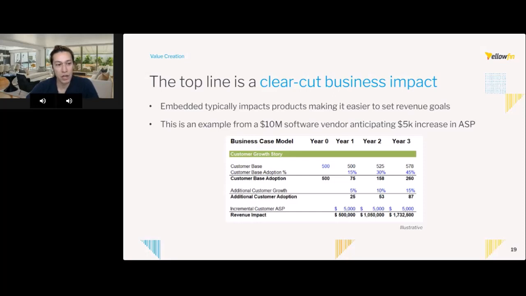It's 100 customers purchasing this new embedded analytics module. That would lead to revenue impact of $500,000. And year 2, $1 million, year 3, $1.7 million, which is significant for a business that was doing $10 million a year at the time.